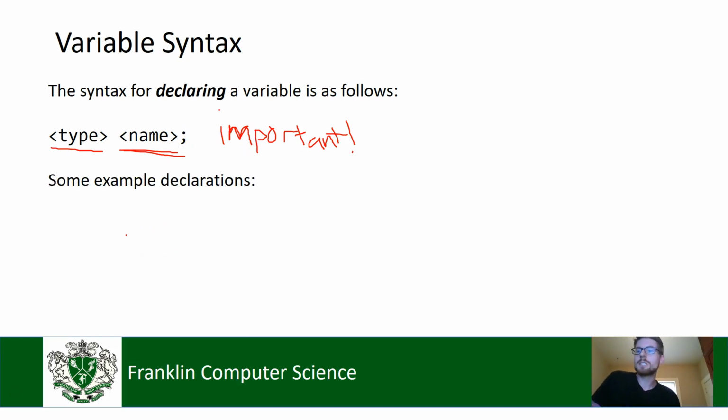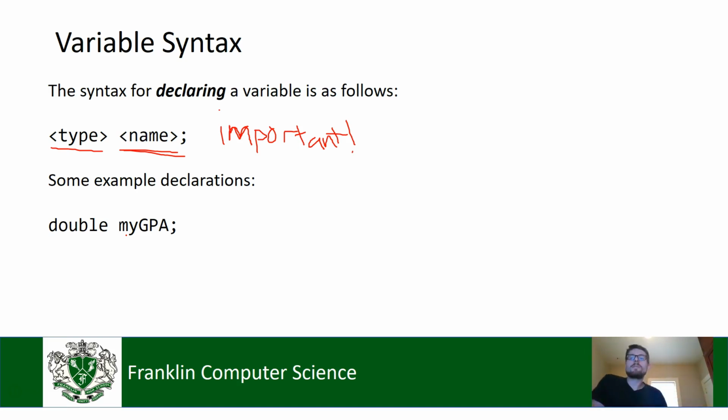Okay, so here's some example declarations that you might have for variables. Say you wanted to store your GPA and write a program that calculated what your GPA could be if you got certain grades in the 6 classes you're taking right now.